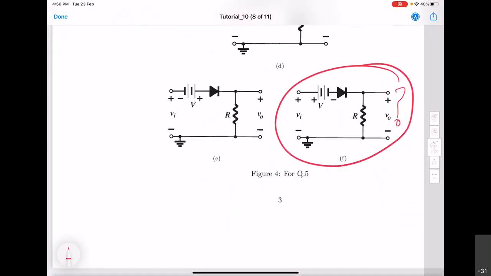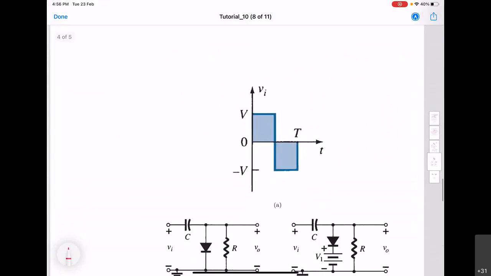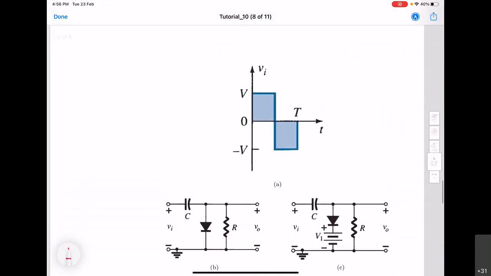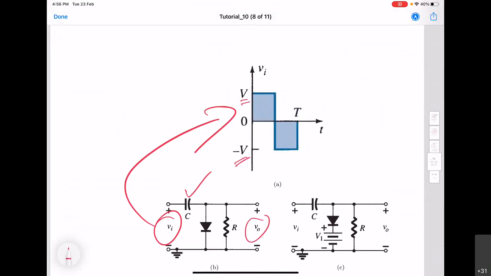Now let us take the last question. So here we have again a diode circuit, but this time we have capacitors also in addition to the usual resistor, and now it is being excited by a square wave between V and minus V. So here the objective is to find out VO. Again, ideal diode.